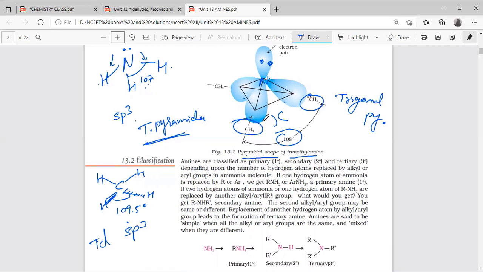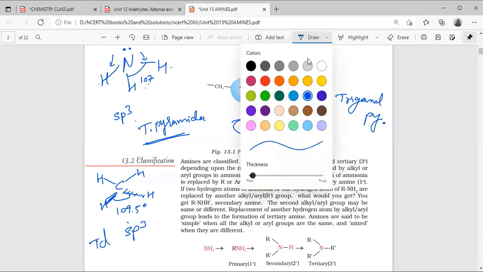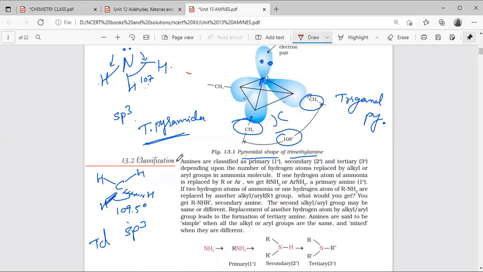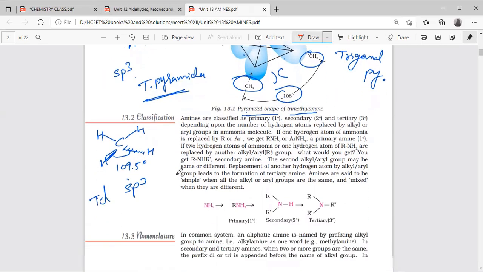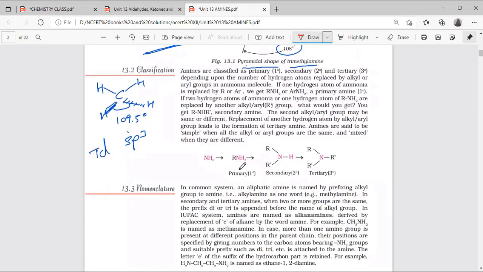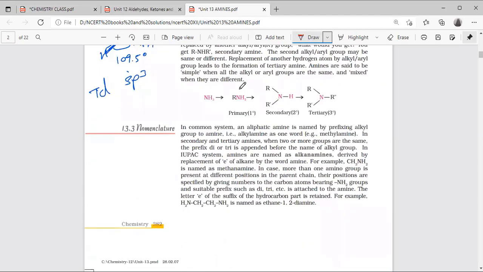Compared to NH3, a little bit more, that is 108. Understood these three? Right. Then classification, I just gave you: primary amines, secondary amines with 2 alkyl groups, then tertiary amines, 3 alkyl groups are there.